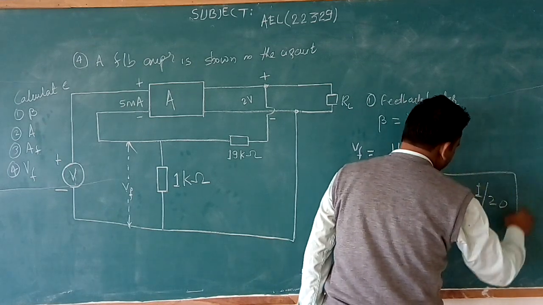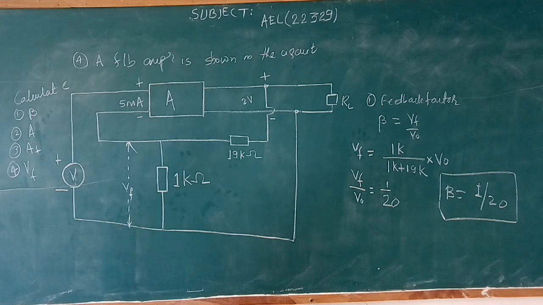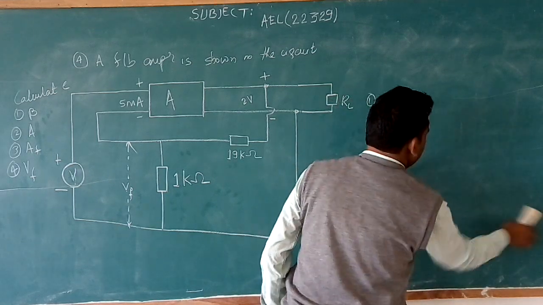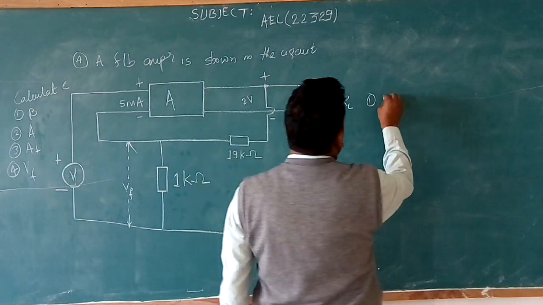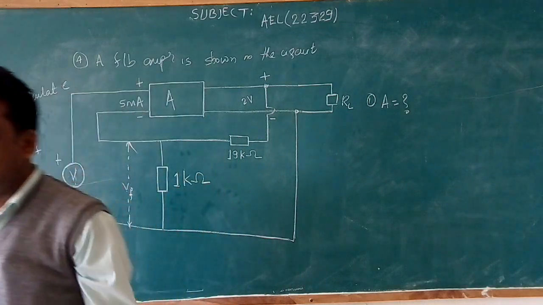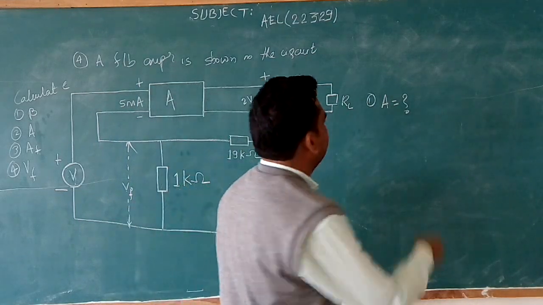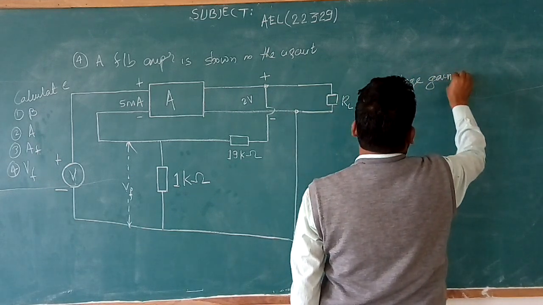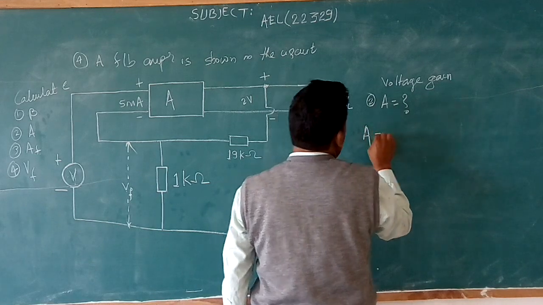This is the value of beta. Then the second one: what do we have to find out? A, that is, the voltage gain A of the amplifier.